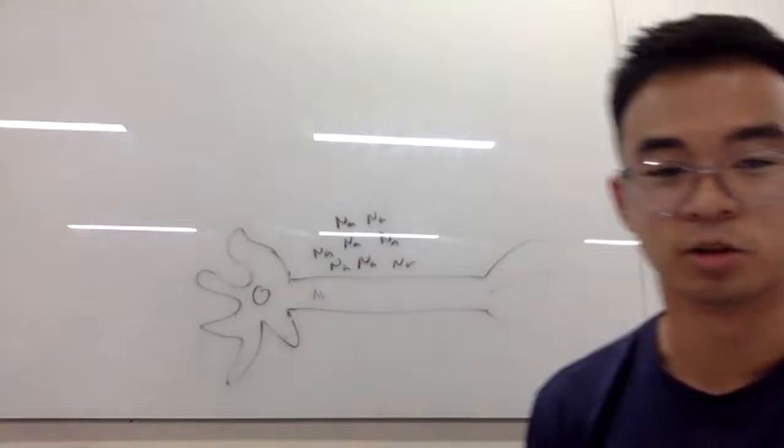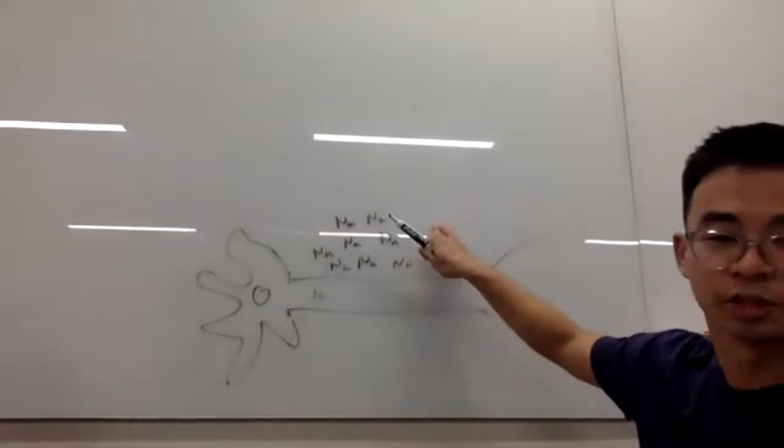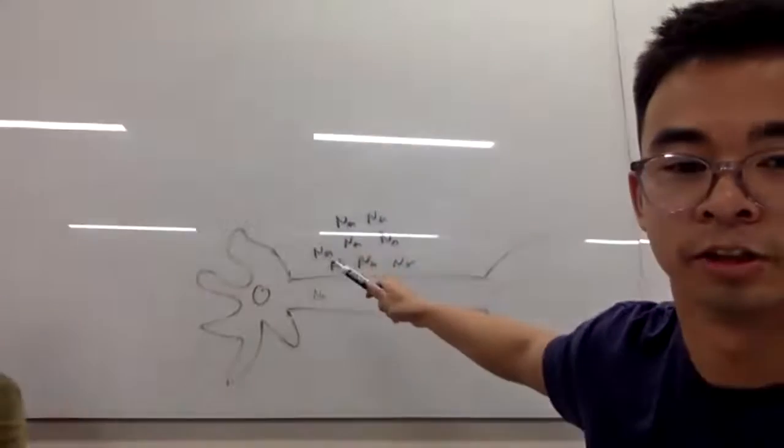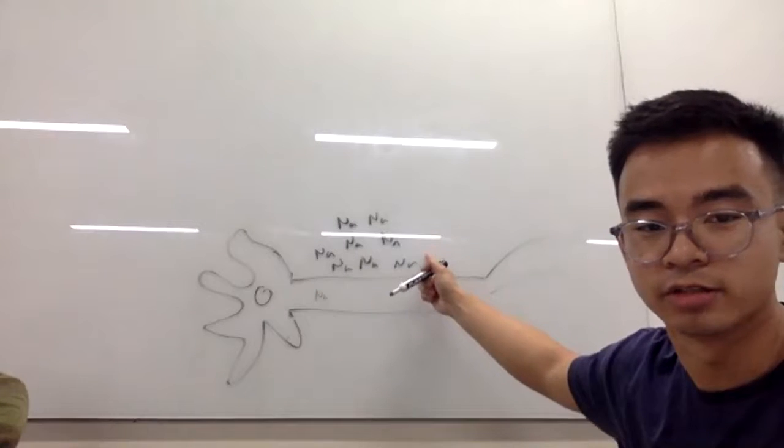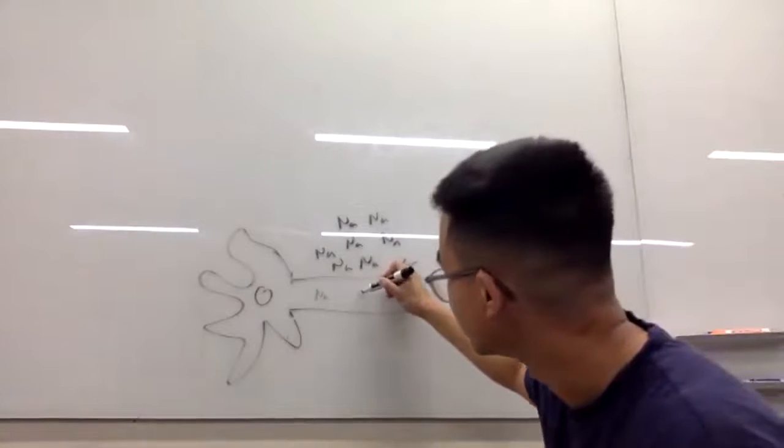Okay, yeah. So we see a lot of sodium on the outside, and that's just how it is. So we have a high extracellular concentration of sodium, and just a little bit on the inside.